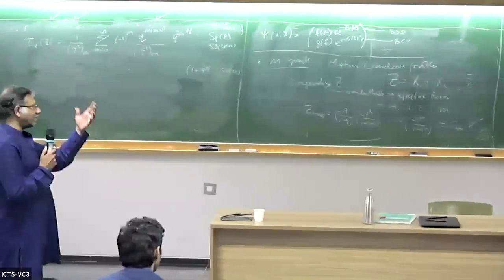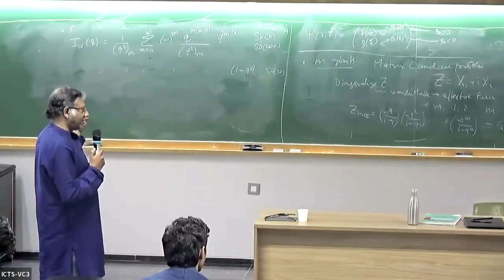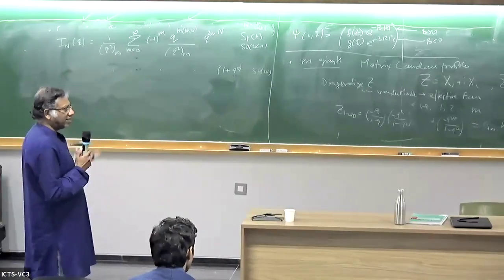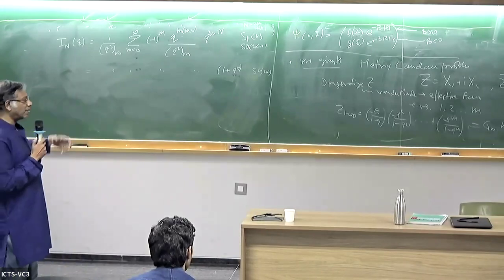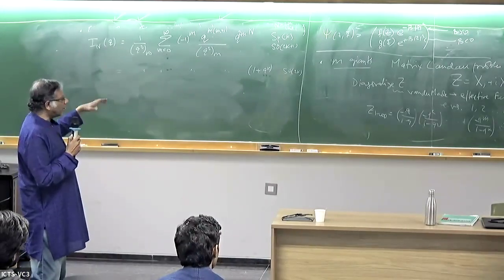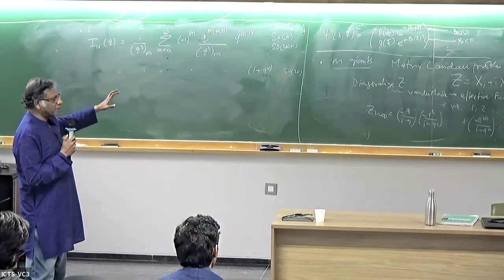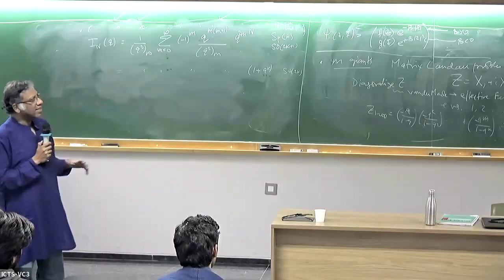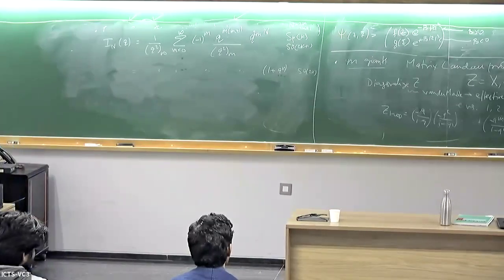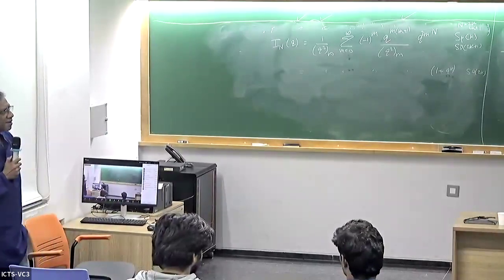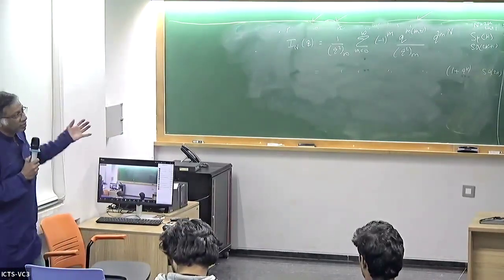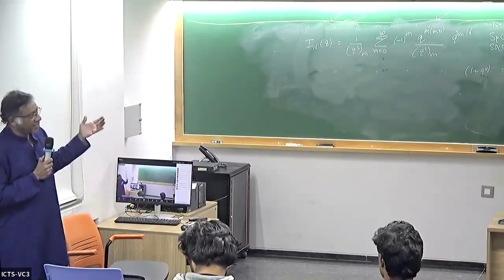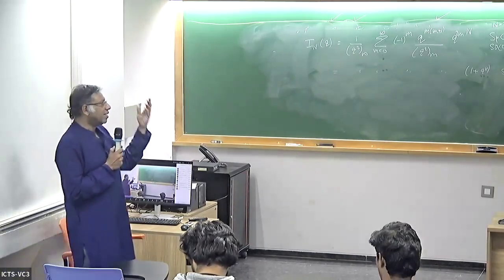I was wondering how much relies on the magic of localization. Probably to get the explicit answers, of course, but some of these things about the decoupling between the closed strings and open strings, and how much of it holds. Now, of course, the partition function would also, in general, depend on lambda.